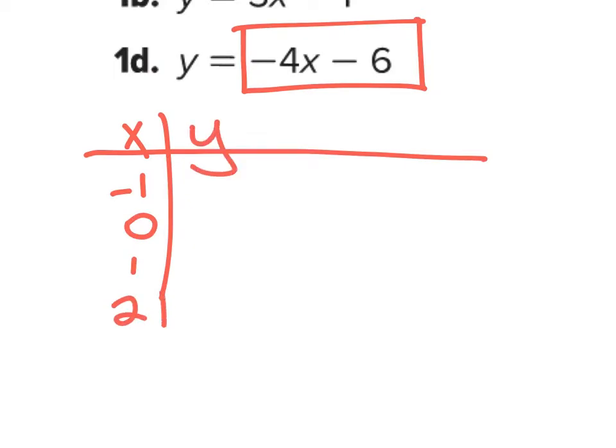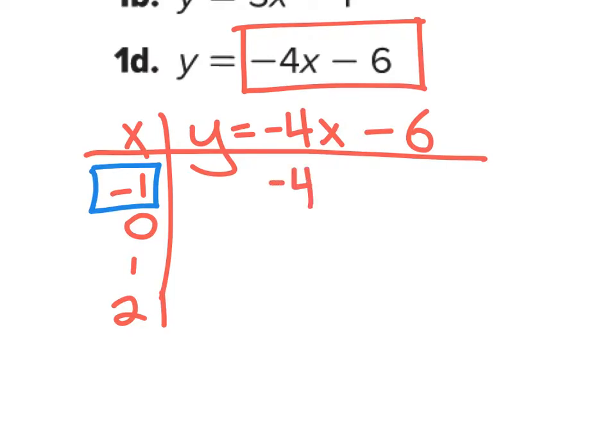And y equals -4 times x minus 6. Okay, so first things first, I'm going to plug in -1 for my x since that's my first x. So that's going to be -4 times -1 minus 6.